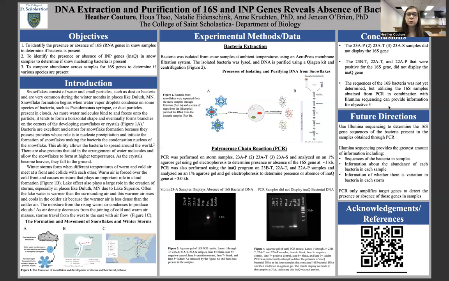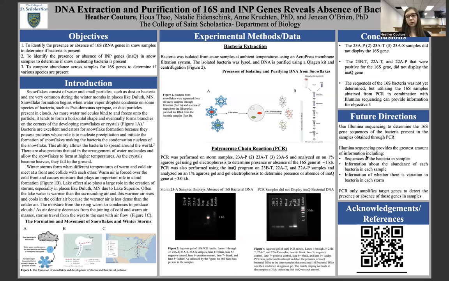We were not able to test objective 3, but to attempt to compare the abundance across the samples to determine if various species of bacteria are present, we could use Illumina sequencing.